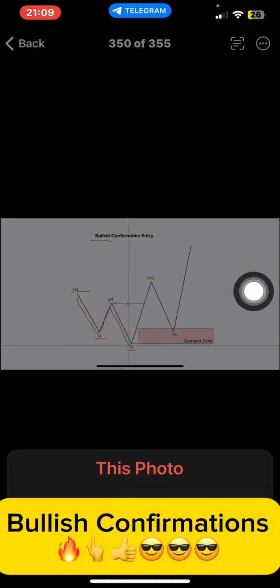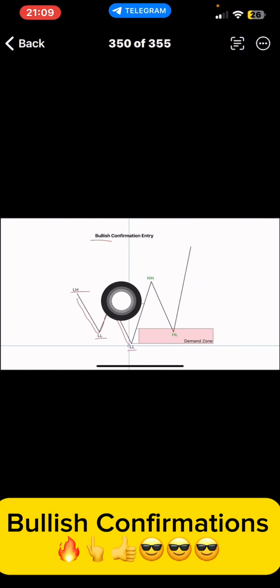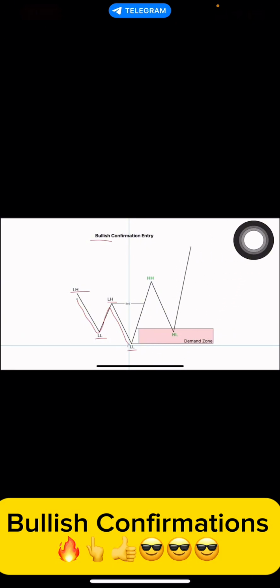You see, this is a confirmed change of character, and immediately the market changes character, you are not going to enter, you'll wait. What will you wait for? You will wait for the market to tap into our previous demand zone, which is the demand zone that will take the market off higher. That is for bullish price action confirmation.